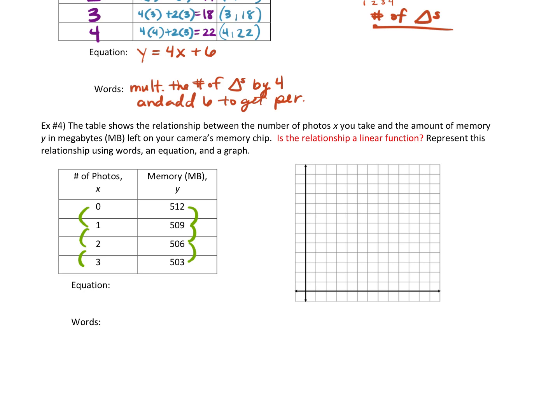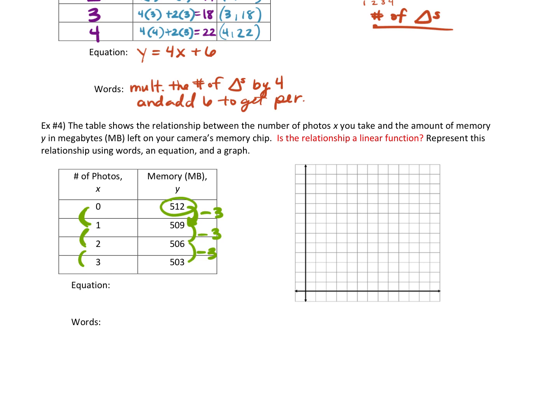Okay, so if we're trying to come up with an equation, what they're saying is you're starting with 512 megabytes. So what did I do to get to here? I subtracted 3. I subtracted 3. I subtracted 3.